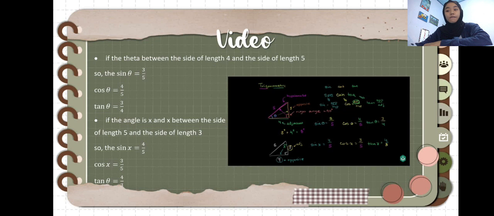Next, if the angle is x, between the side of length 5 and the side of length 3, then sin x is 4 per 5, cos x is 3 per 5, and tan x is 4 per 3.